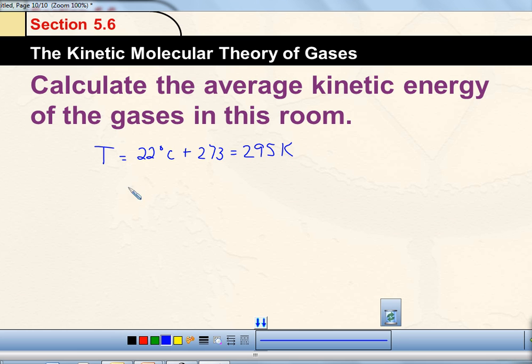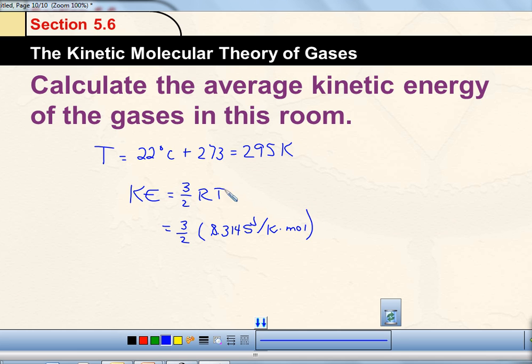The only variable that affects the kinetic energy of these gas molecules is the temperature. So my formula is 3/2 RT. R is 8.3145 joules per Kelvin times mole.